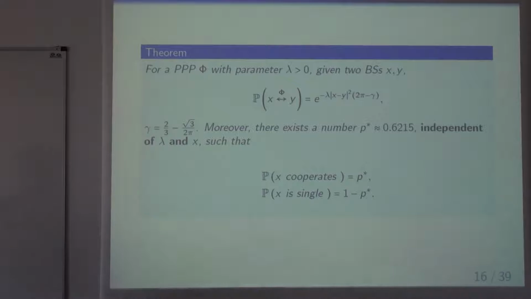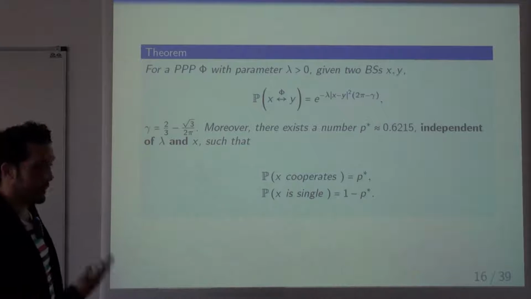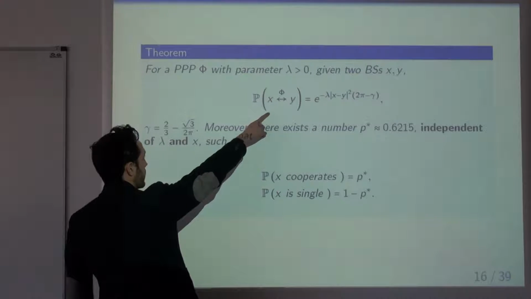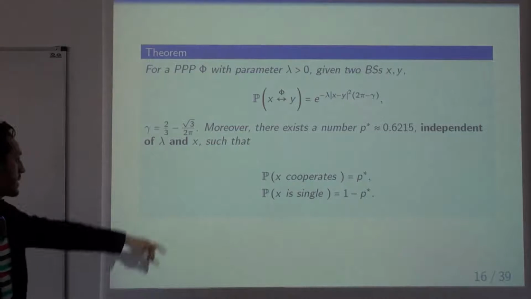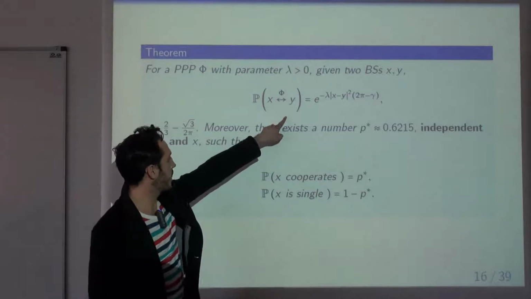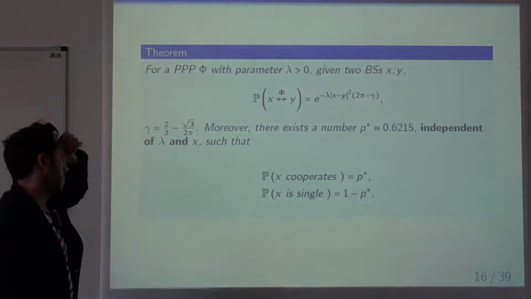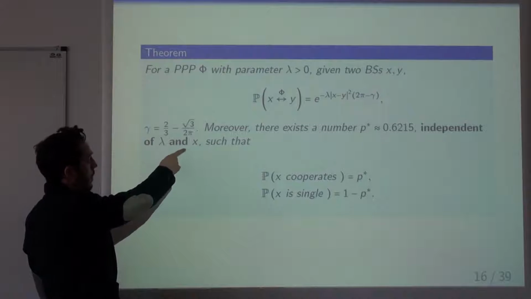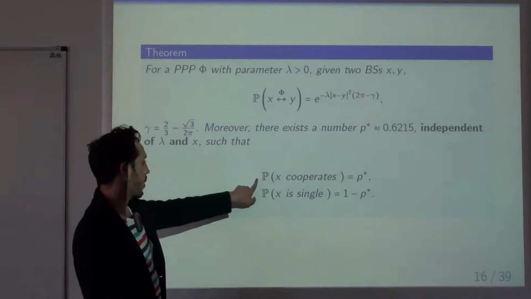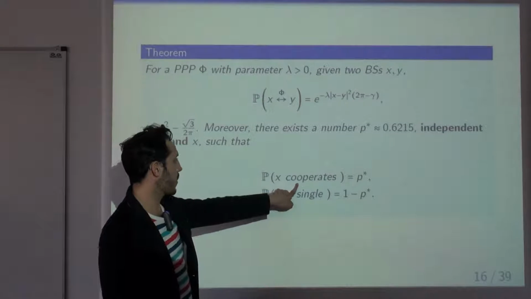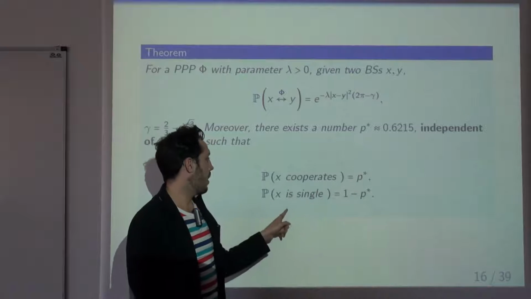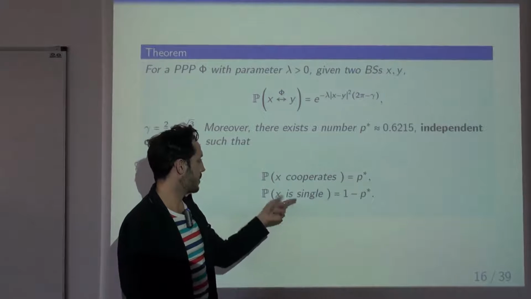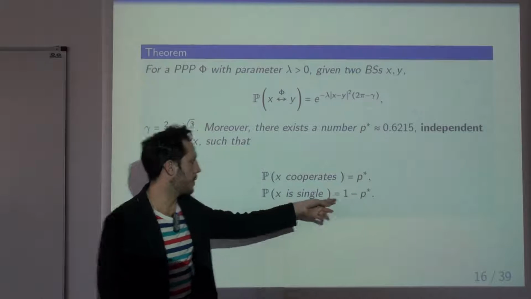We have a first theorem for a Poisson process with density lambda. Given 2 base stations, the probability of these 2 base stations cooperating is given by this expression. Moreover, there exists a number, independent of the density of the process and of X, such that the probability of a base station cooperating is P star, and the probability of X being single is 1 minus P star.